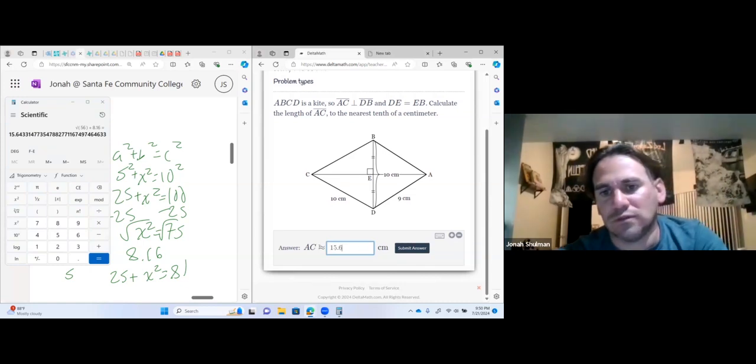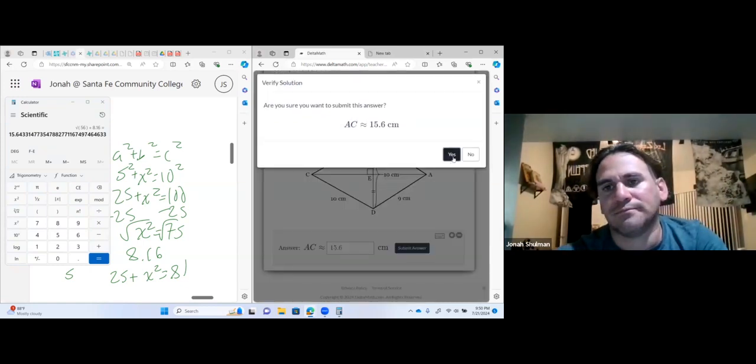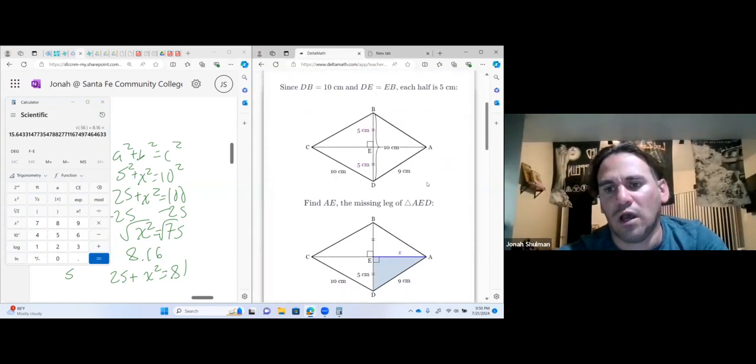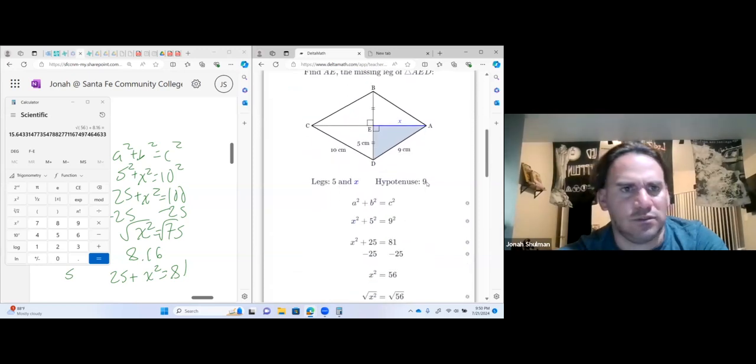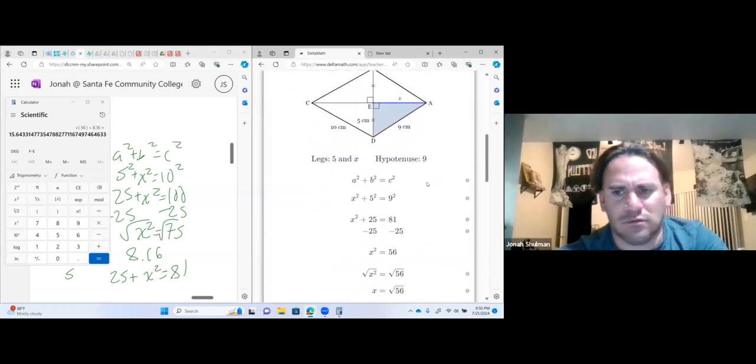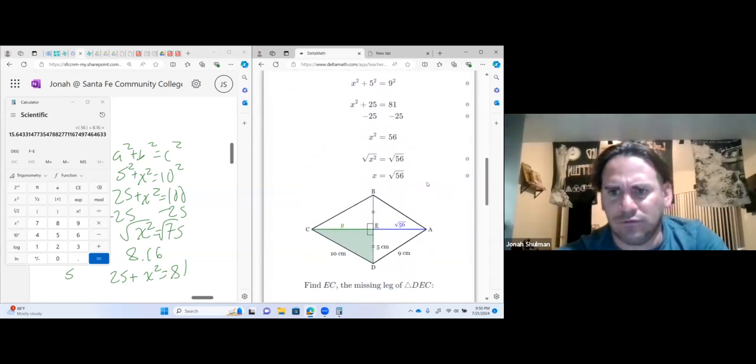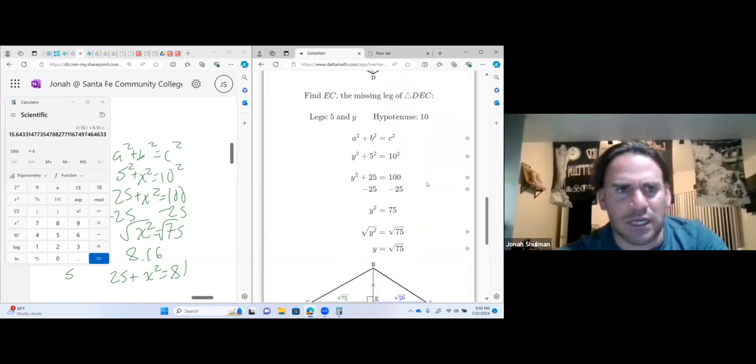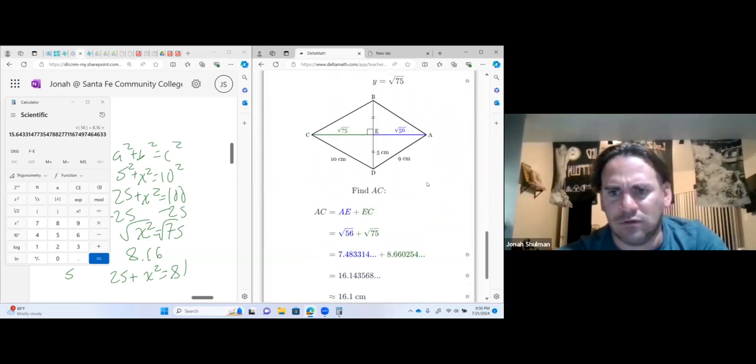These little squiggles, this means approximate. What? I got square root of 56. I got square root of 75. 7.4 plus 8.6 is 16. Oh, come on.